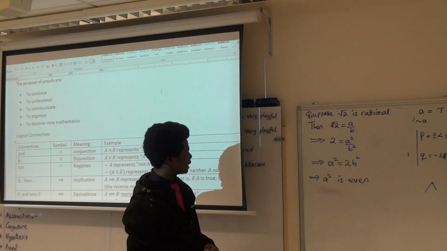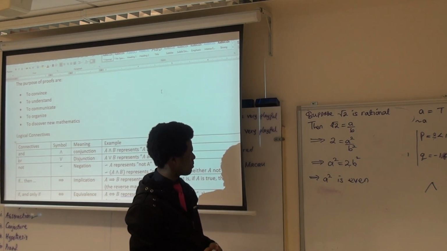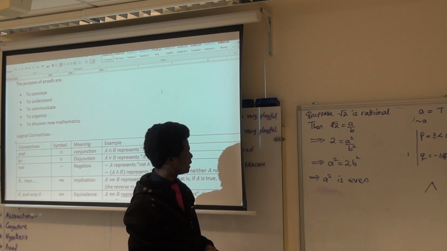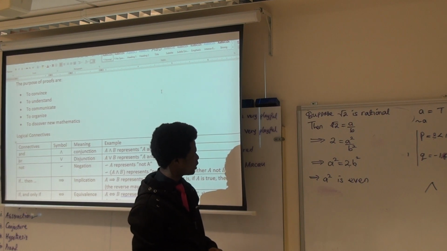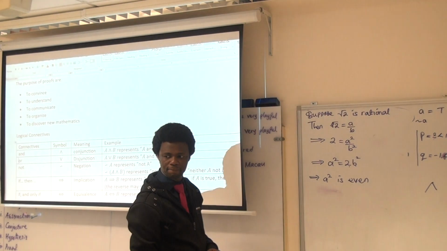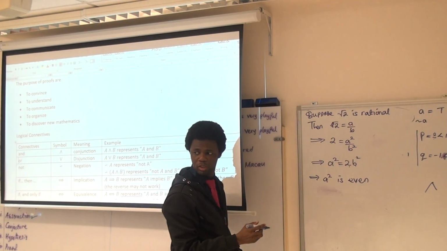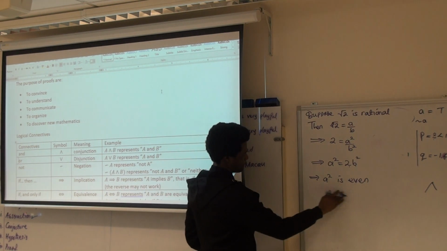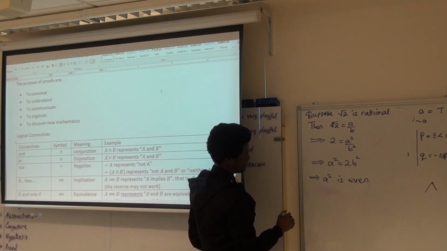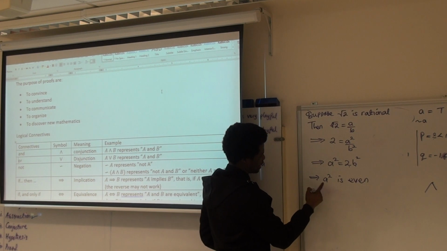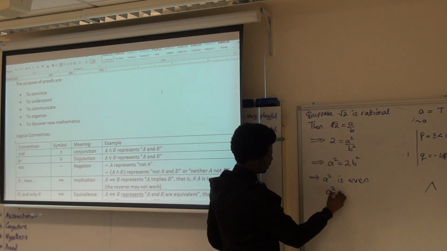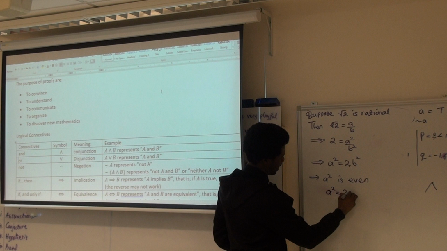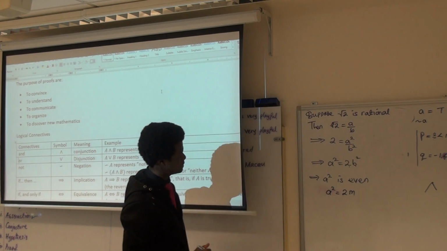Okay, so if we can get something that doesn't make sense from these, then we are fine. You can write that online. Okay, so what part am I missing? I think it says like A and B have no common factor or something. Okay, let's see. If A squared is even, then maybe A squared can be written as some 2m. Yes?